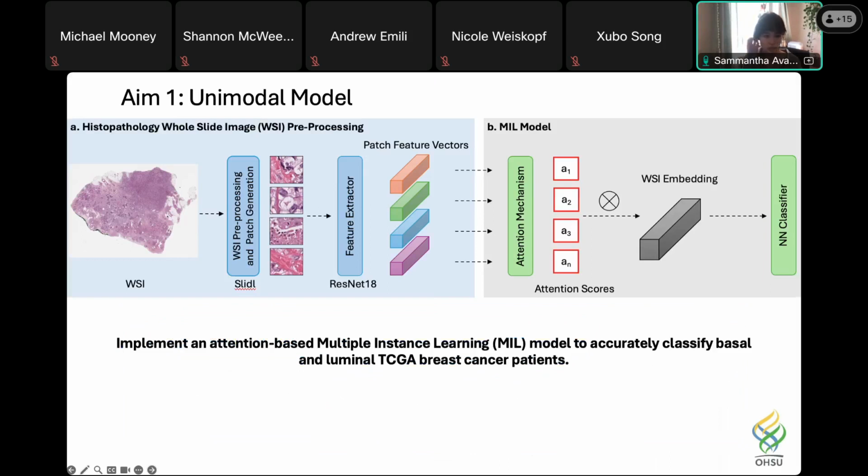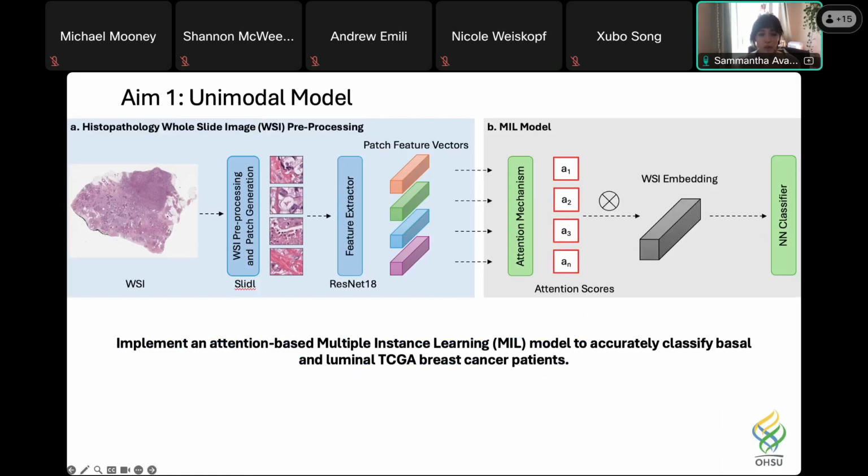And so research has shown the advantages of using convolutional neural networks to extract key morphological features from these images for disease-related subtyping tasks.